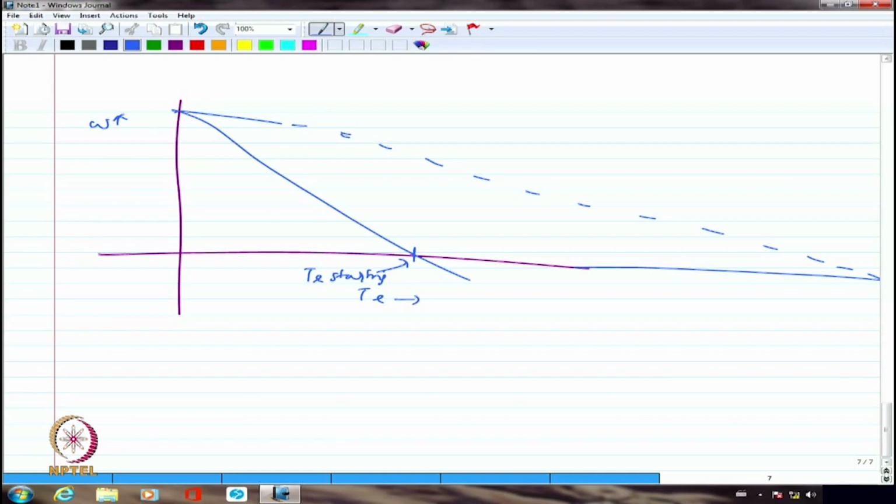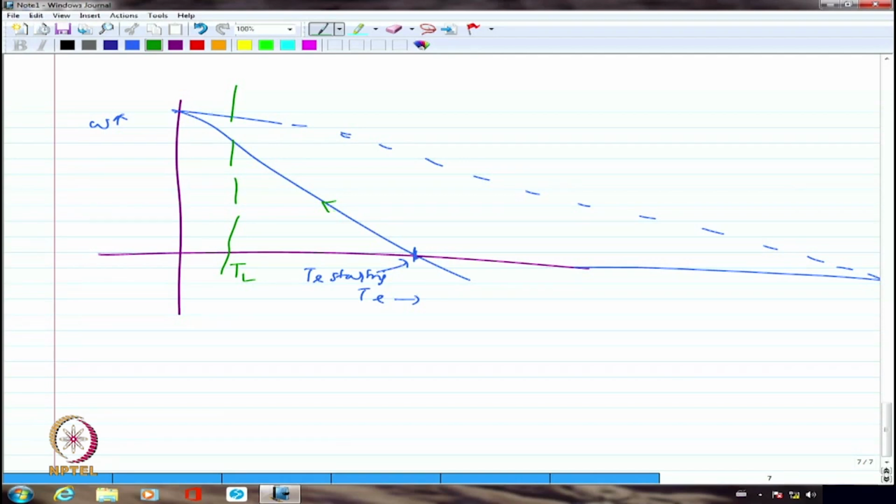And I'll try to cut it off, because what will happen is, this is the torque that is generated. Maybe the load torque is somewhere here. I don't know, wherever the load torque is. So I have definitely an acceleration taking place. TE minus TL is positive, because of which there will be acceleration.